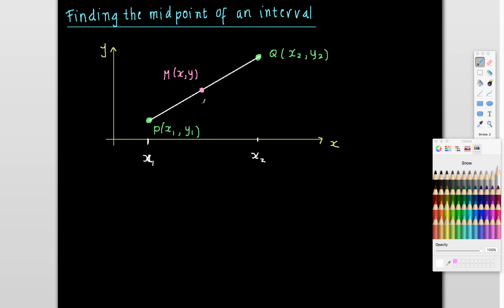I need to know what is right in the middle of those two. Same deal with the y coordinate. This one here is y1, and over here is y2. What I need to find is that middle point, because that will give me this y value here.